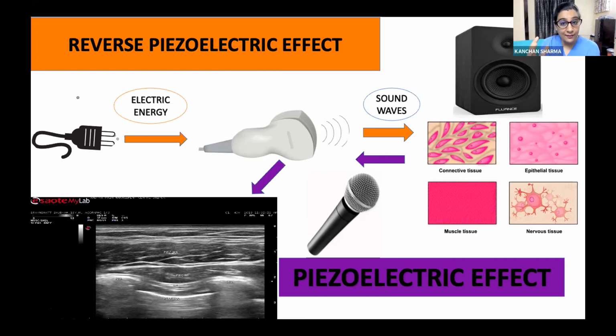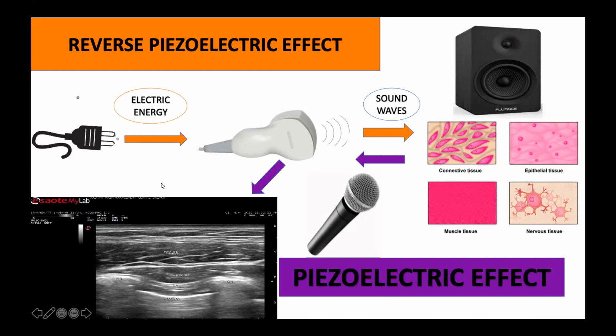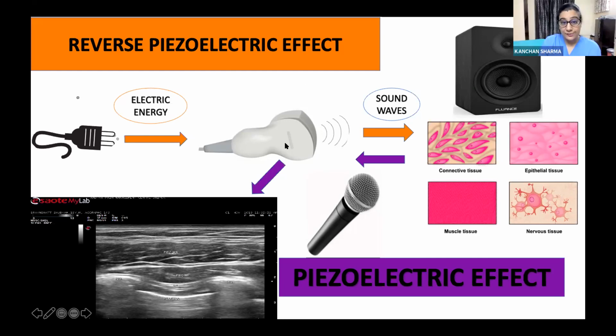Then again, I'm going to have deformation of the piezoelectric crystal, and that results in the generation of electrical potentials, and they are combined to generate this image. So this is the reverse effect. Why? Because electrical energy is converted into mechanical energy. And this is the piezoelectric effect. Why? Because mechanical energy is converted into electrical energy. So your transducer is working both as a speaker and as a microphone. This is one thing which you need to remember.